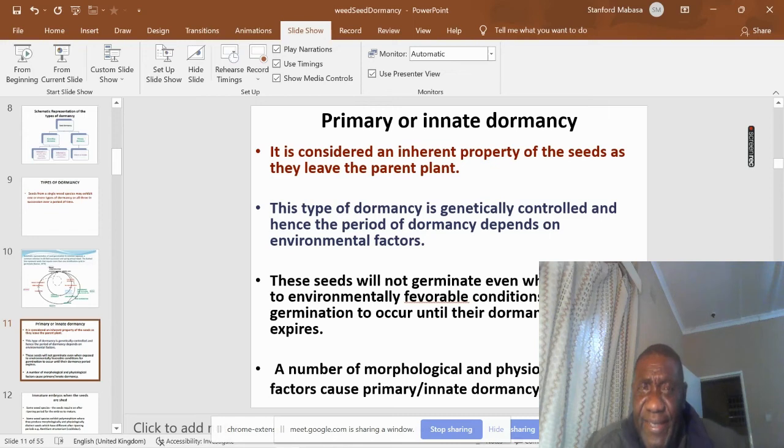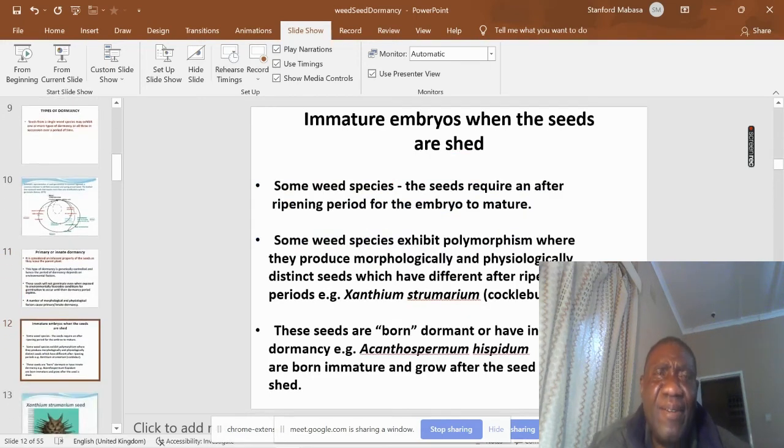Now, what causes primary or innate dormancy? There are a number of morphological and physiological factors that regulate primary or innate dormancy. We are going to explore these now. Sometimes when seeds are shed from the plant, inside them we have got immature embryos.